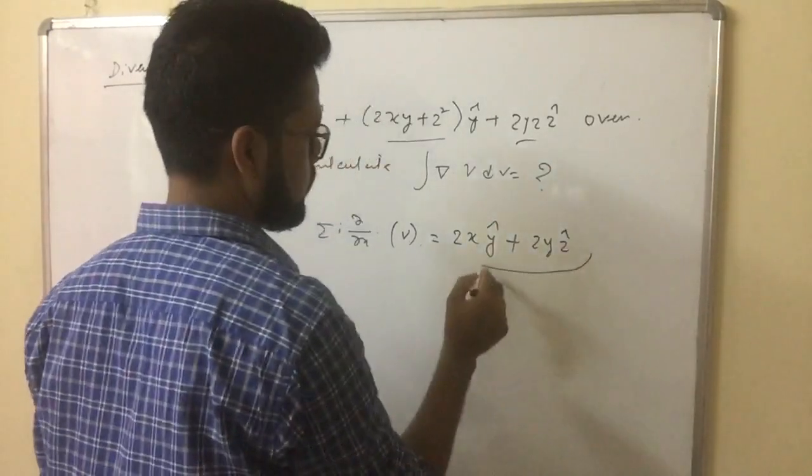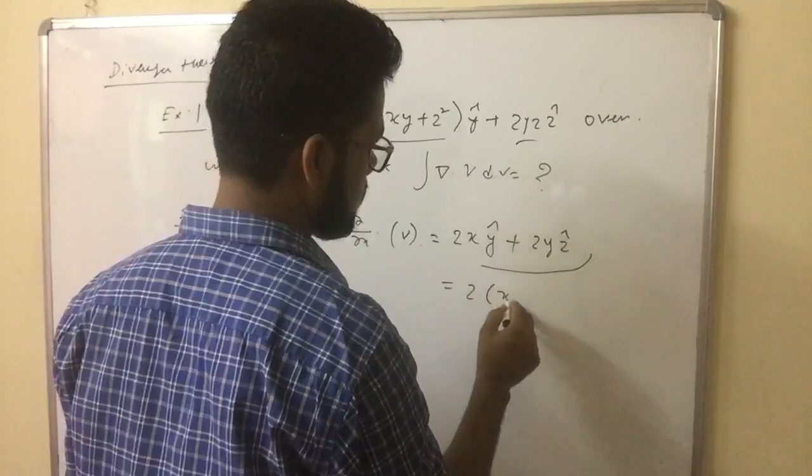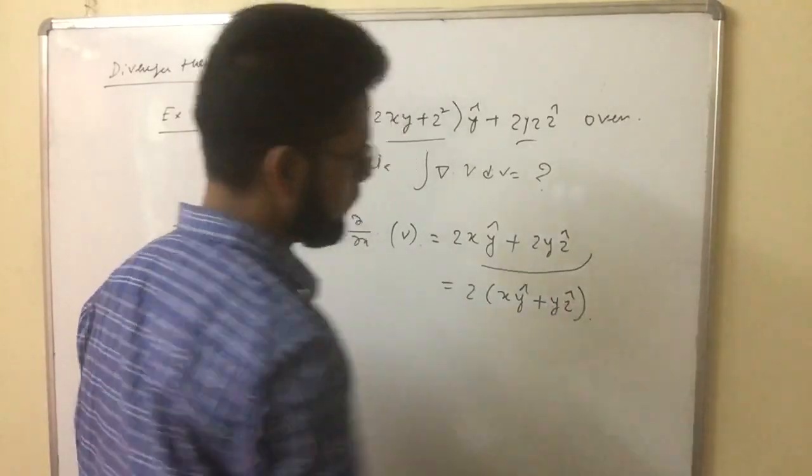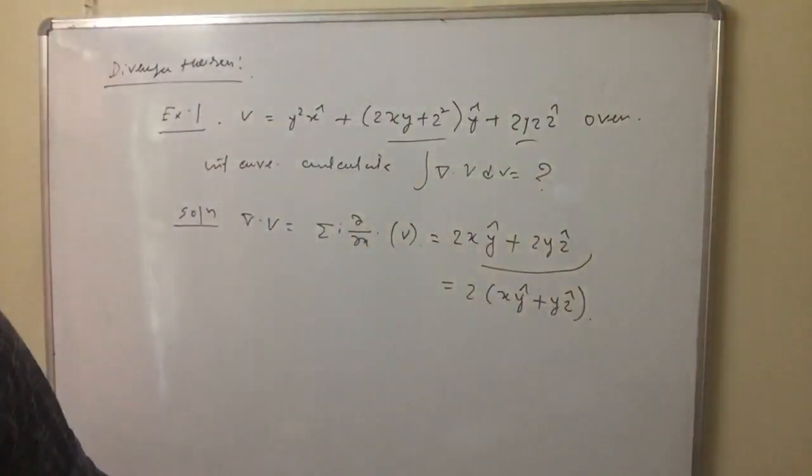Or you can express it as 2 into x plus y z. This is the value of the divergence of V.